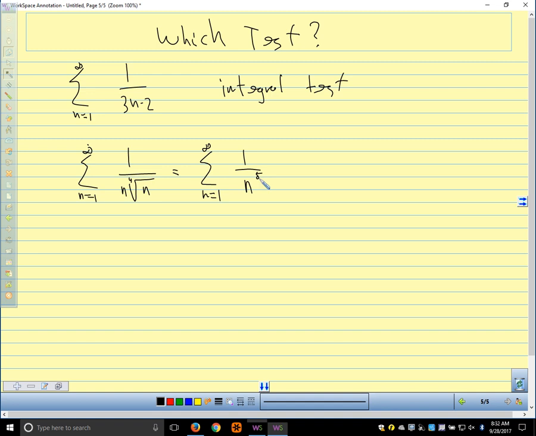So this is a p series. What does p stand for? P is greater than 1, so this converges.